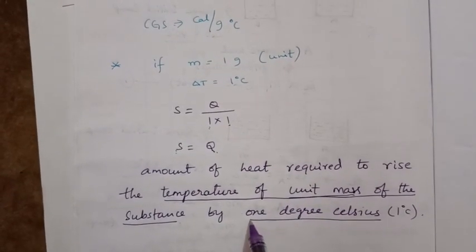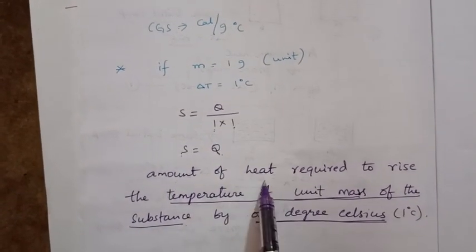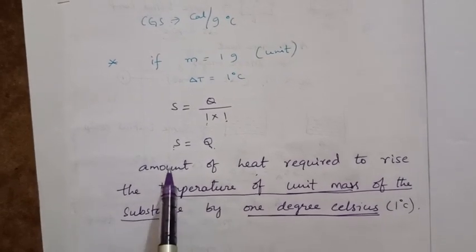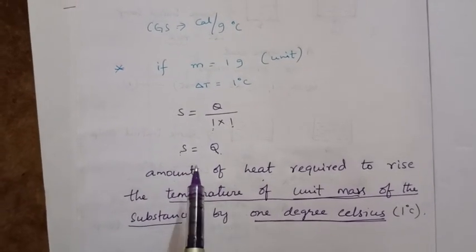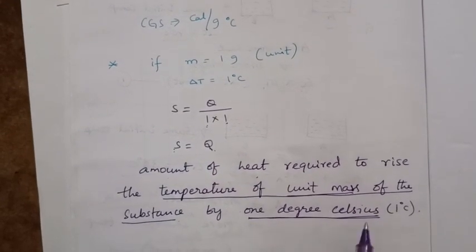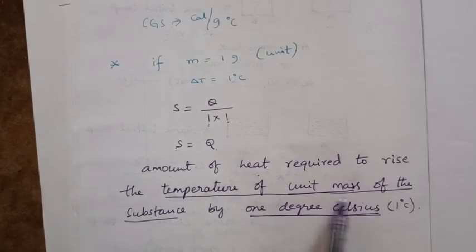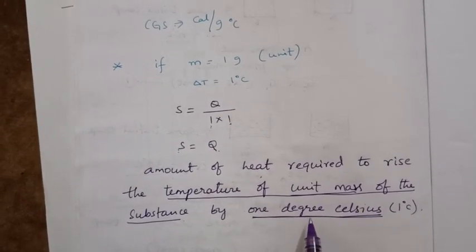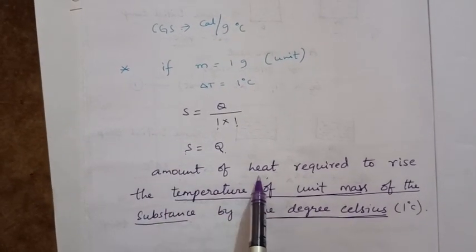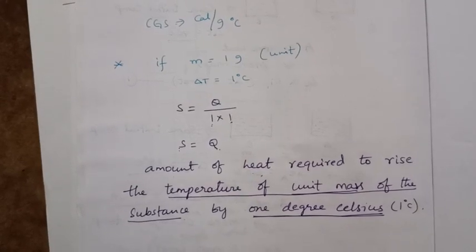That amount of heat is known as specific heat. It is only when unit mass changes by 1 degree Celsius that the amount of heat required is specific heat.